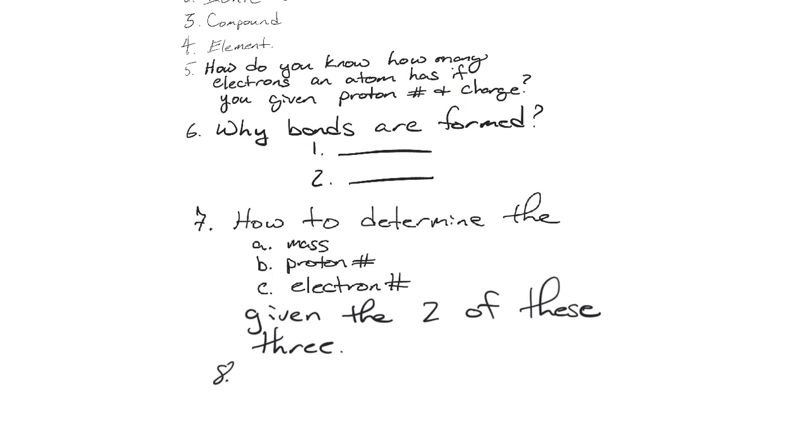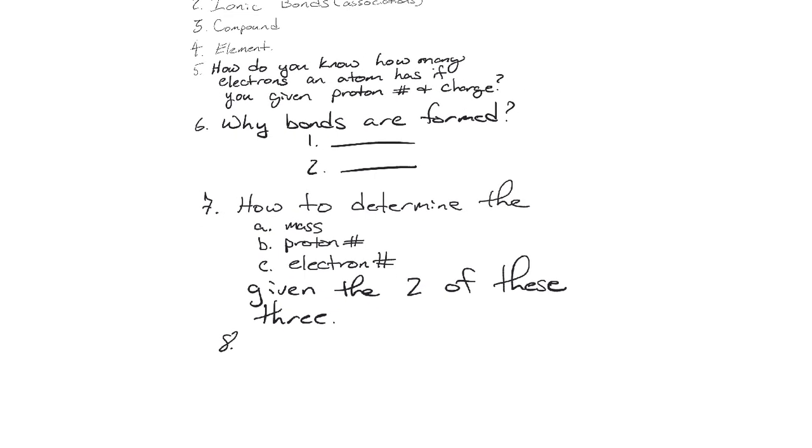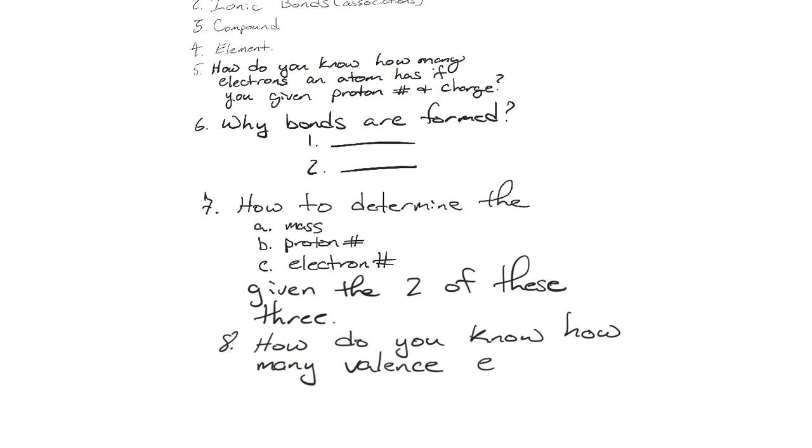And 8, how do you know how many valence electrons an atom has?